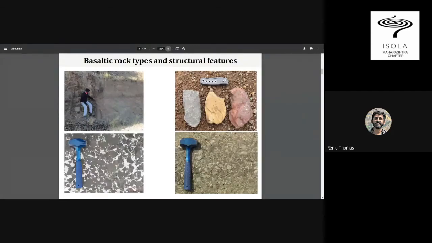And there are certain features from where the lava actually outpours for long distances, and these are called dikes. In the picture, on the top left corner, I'm sitting on a dike, which is basically a fissure through which lava actually outpoured. It is cutting across the lava flows that you see. Next slide, please.